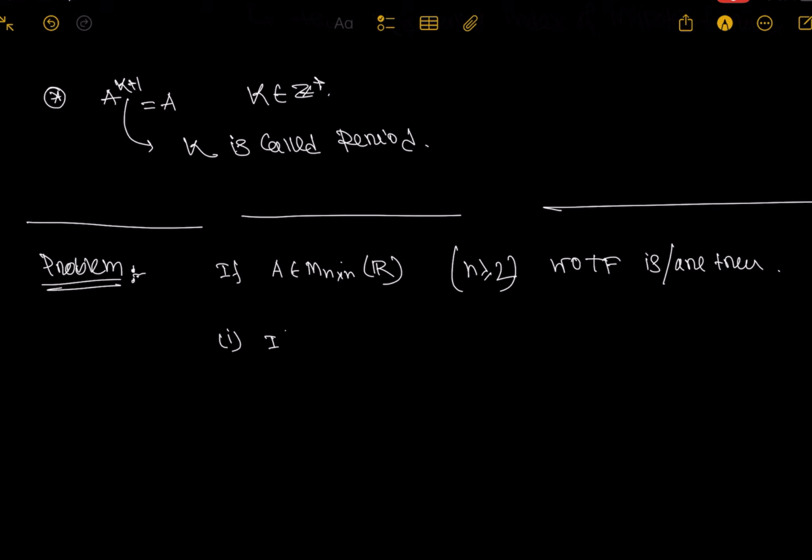If A square equals 0, then A cube equals 0. Second, if A cube equals 0, then A square equals 0.